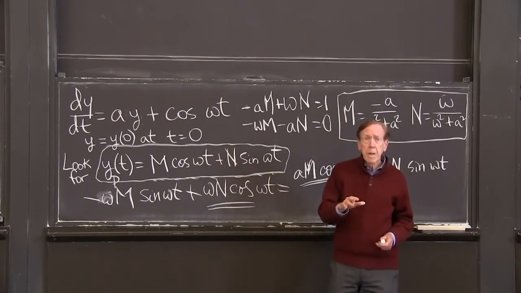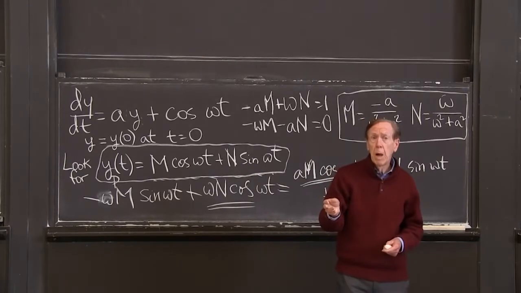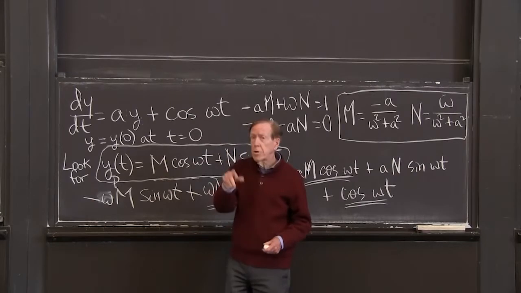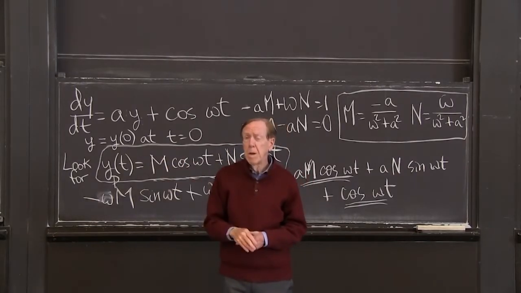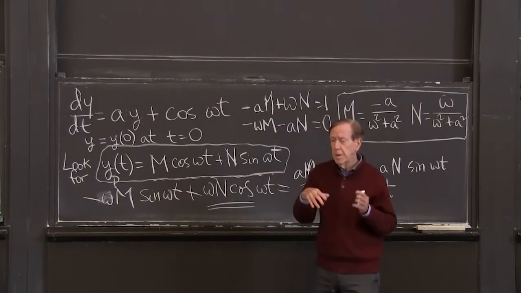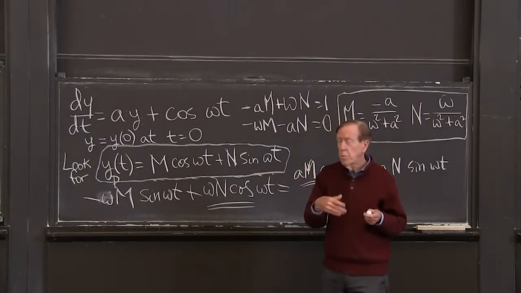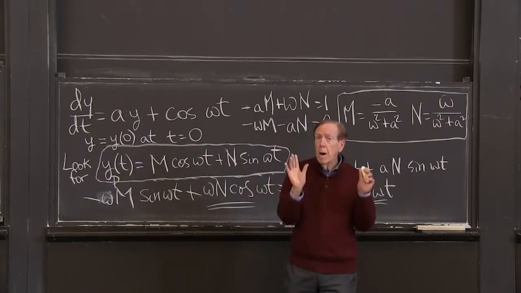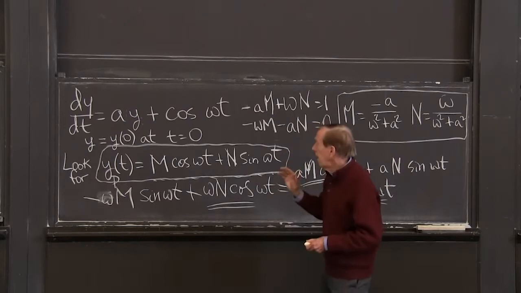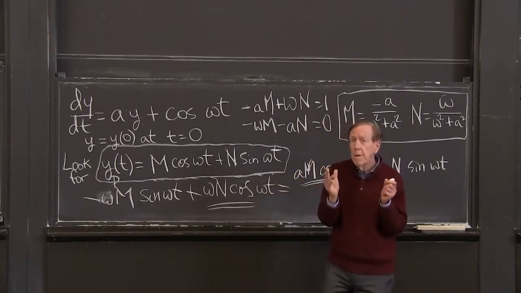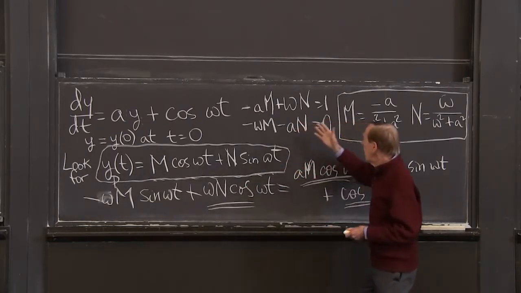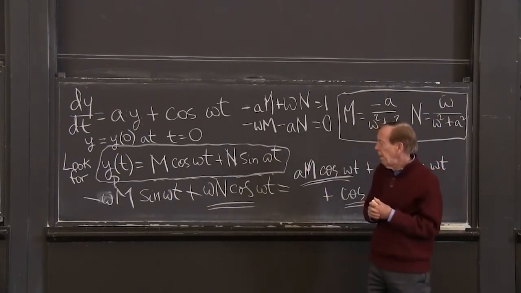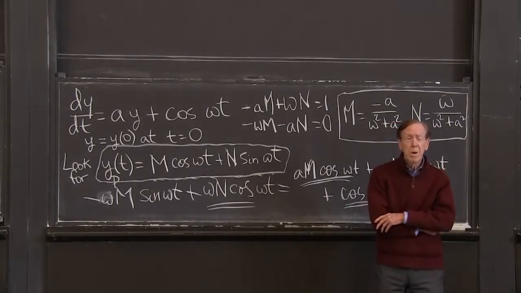The null solution, the thing that comes with no source term, usually a is negative and that disappears. That's called the transient term. So the null solution would have an e to the at as always, but I'm not so interested in that, because it disappears. You don't hear it after a minute, and this is what your ear is hearing.